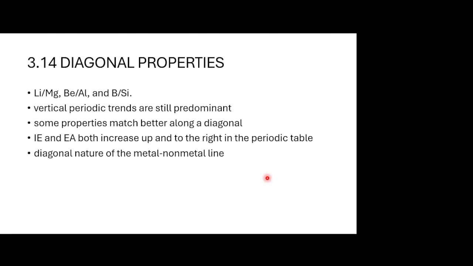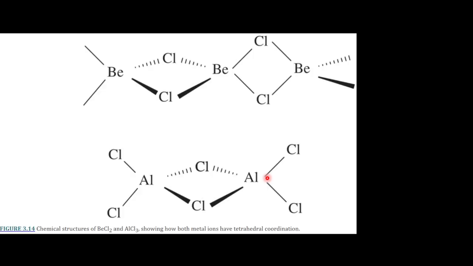No, that's something that changes. And that's why things become metallic as you go down the periodic table in the same group, because that ratio is changing. They lose electrons more readily as you go down because your ratio changes.